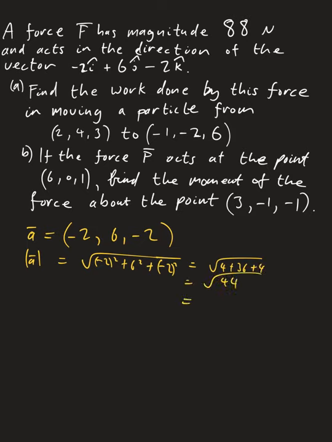We can simplify that down to square root 4 times square root 11, which is 2 times the square root of 11.